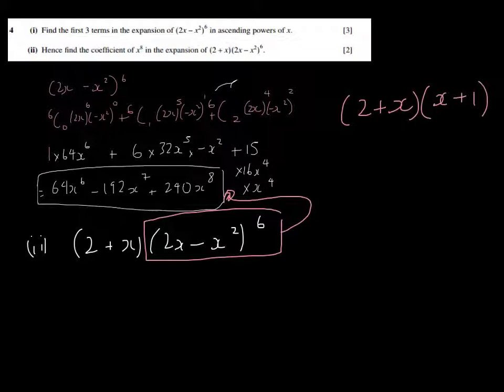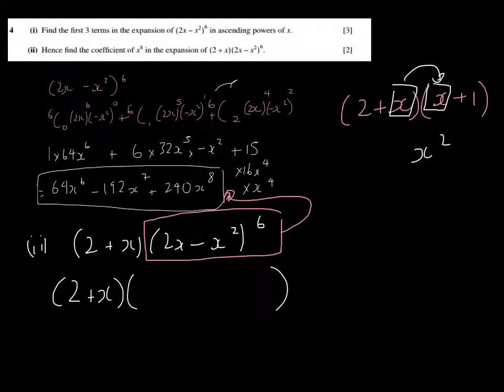You wouldn't have to expand every single term to find out what the coefficient of x squared is. You would just do that one times that one there and know that the x squared coefficient was just 1. Okay? So what you've got to do here is imagine that 2 plus x there, and in this bracket here we only need to worry about the stuff that's going to multiply with either the 2 or the x to make x to the power of 8.